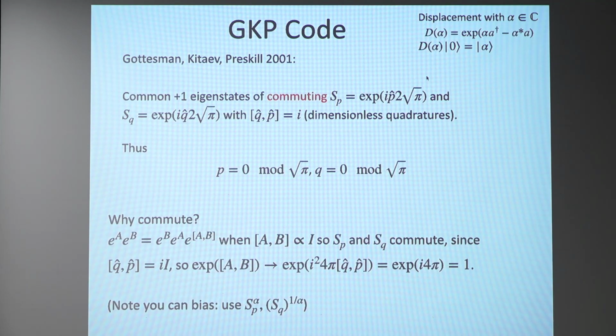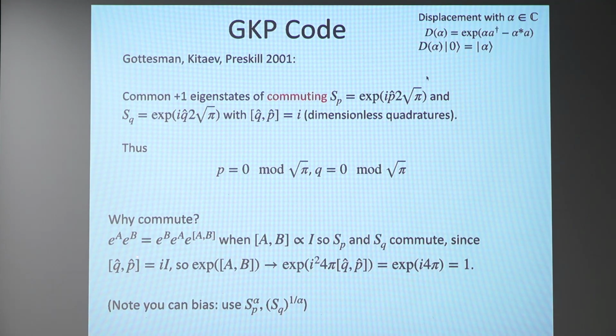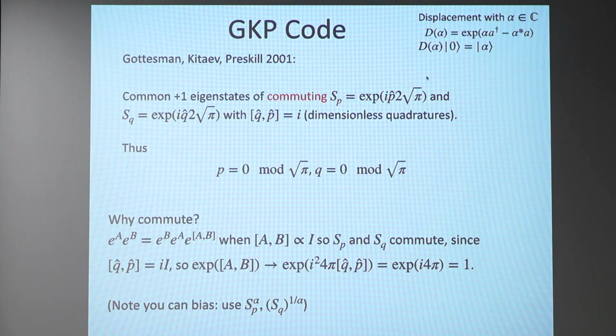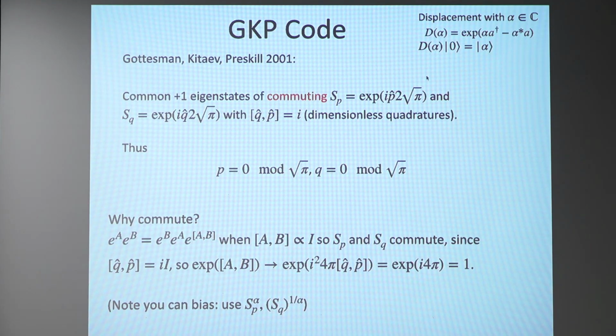Now, if you ever work on this, you have to understand why this commutes. If I have two operators, e to the A and e to the B, I can use Baker-Campbell-Hausdorff, which says it's equal to e to the A plus B plus the commutator of A and B divided by 2 plus A with that commutator, etc. Because the commutator of A and B is proportional to identity, all these higher order commutators vanish.